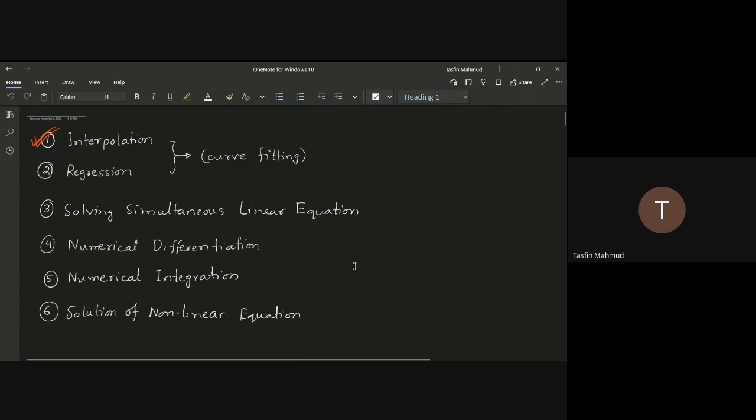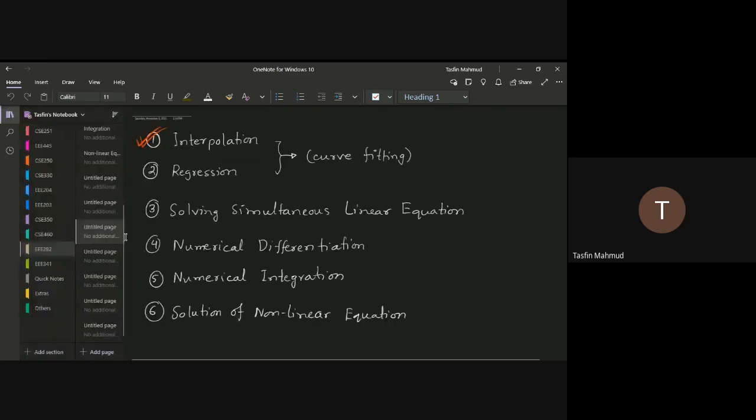And today we will discuss the solution of nonlinear equations. So nonlinear equation means we have to find the roots of the equation. Okay, let me open a new script.